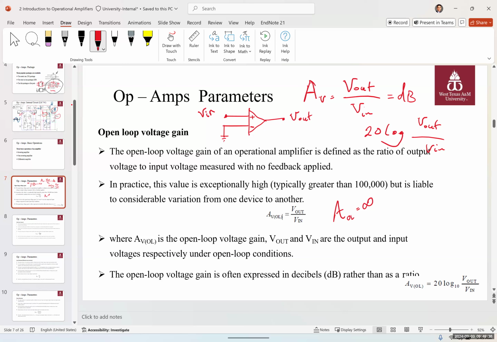But in the real world, it's like multiple thousand. Obviously, this open loop gain ranges from a couple thousand to a million in different op amps.